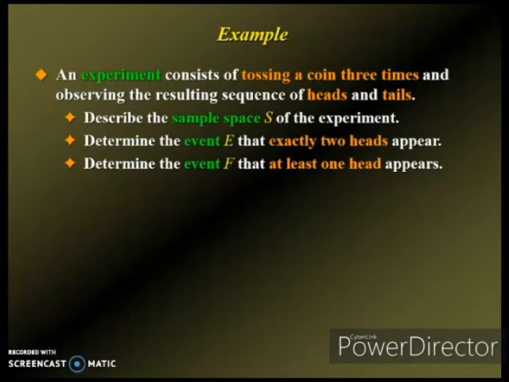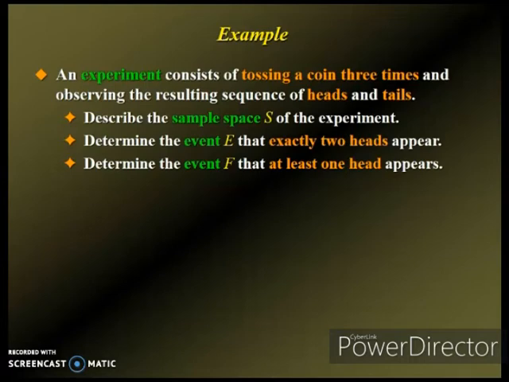An experiment consists of tossing a coin 3 times and observing the resulting sequence of heads and tails. Describe the sample space. We have done it for tossing a coin 2 times. So how will it be when you toss a coin 3 times?